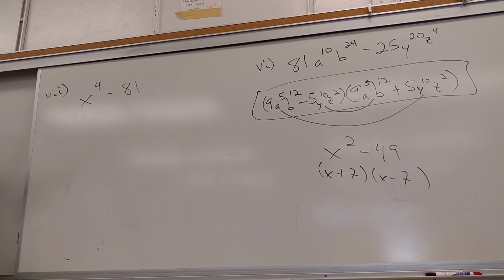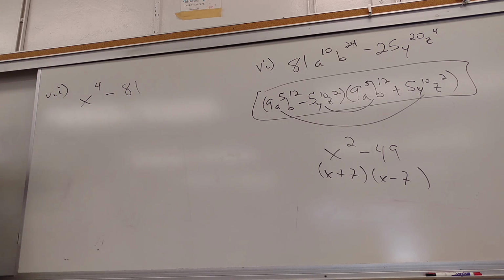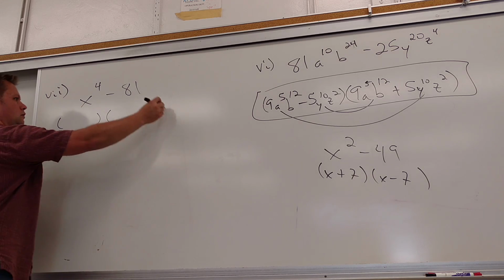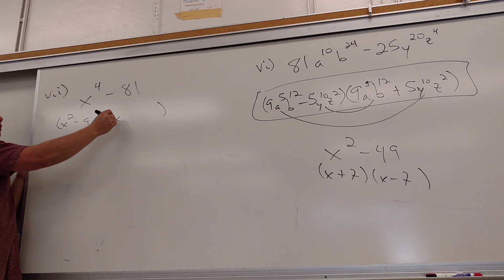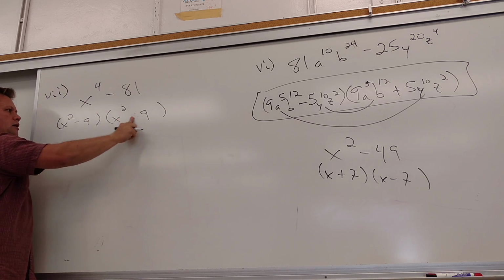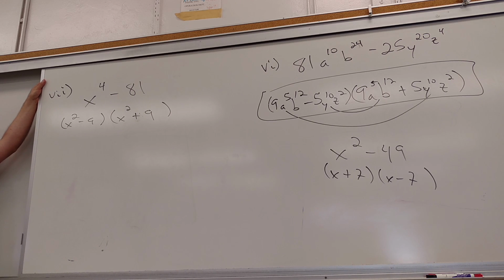It's got x's and numbers, it's not prime, and you can't cut everything in half. So it's squares: x squared minus 9. Now, which one of these can you factor? The minus. You can't factor both, because you can't do a sum of squares.